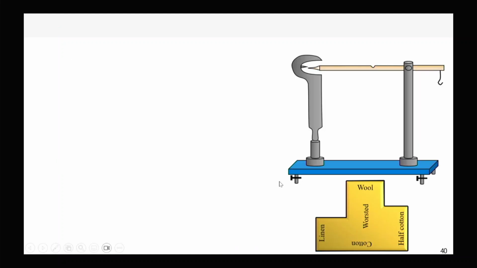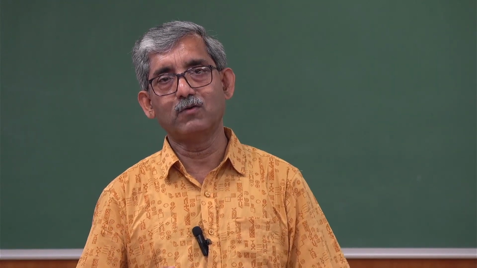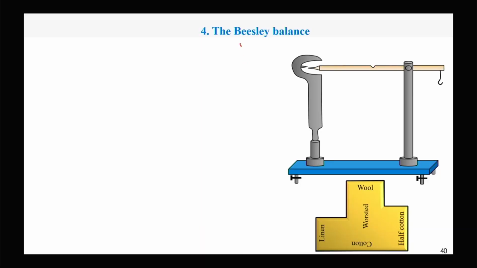Another is the Beasley balance, for when we want to measure the yarn linear density or count of a very small fabric piece. We cut the fabric sample as per the template, for cotton in this standard size, and a standard mass is placed.